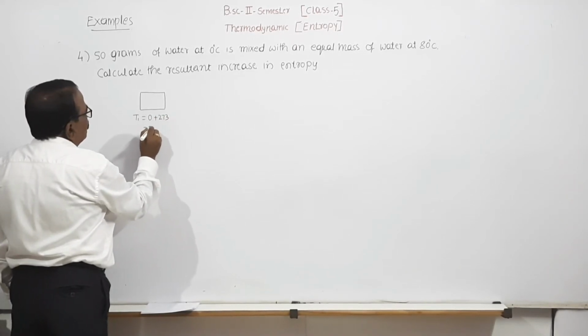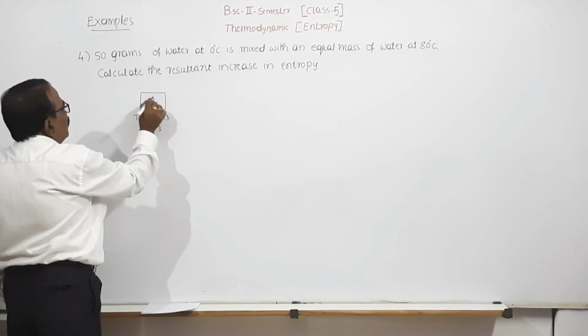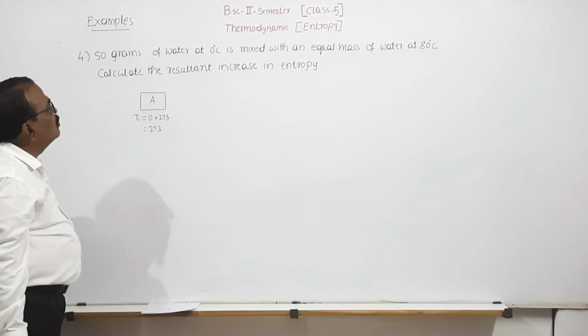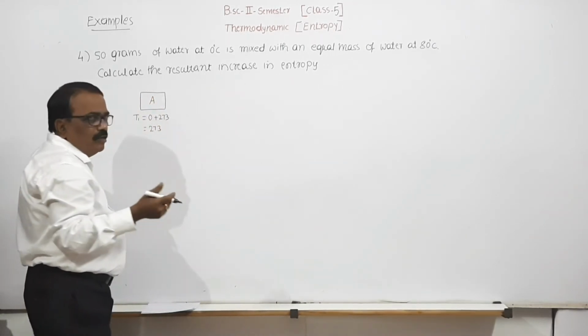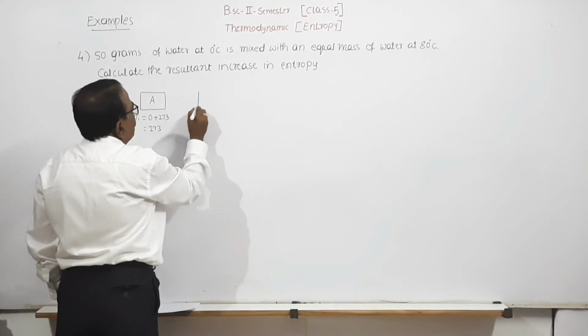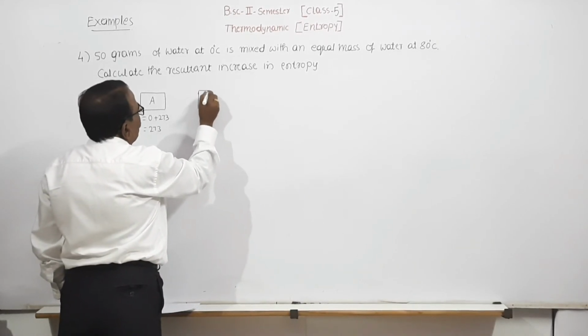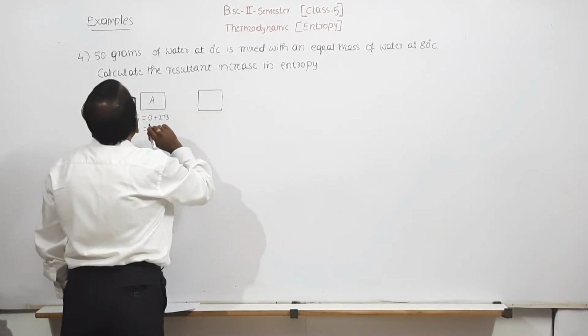It is 273. Let this 50 gram be A, mixed with an equal mass of water, say this is B. It is also 50 grams.